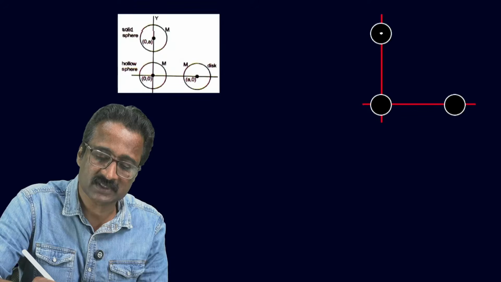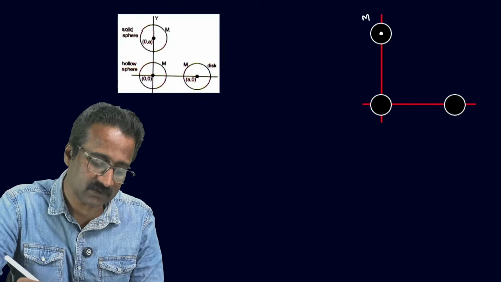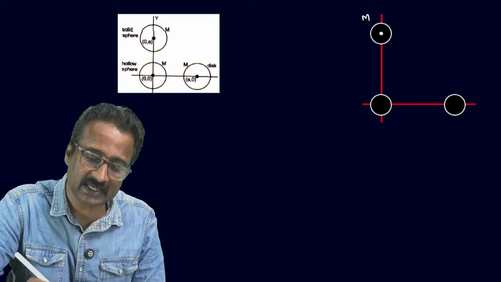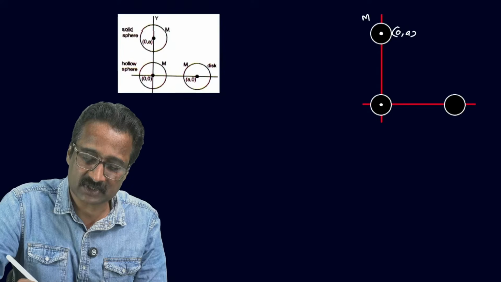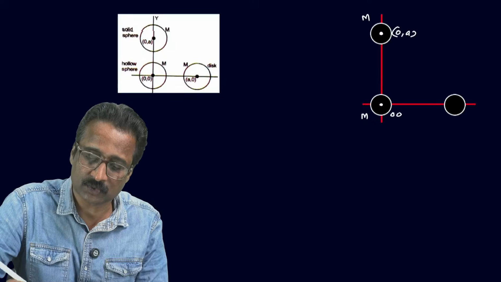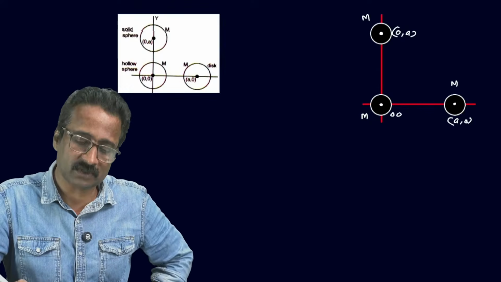I'll assume that this is the point at which mass m1 is kept, so the coordinate is 0, a for that. This mass is at the origin, which is obviously 0, 0. And this mass m is at a, 0 as well. Now they ask you the location of center of mass.